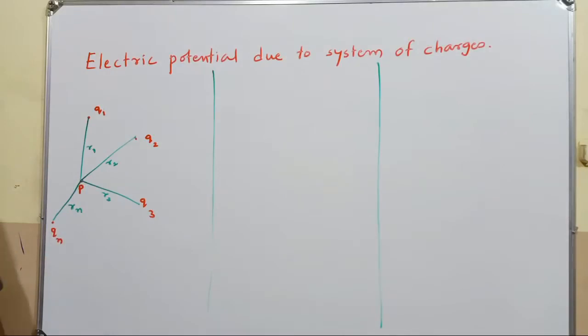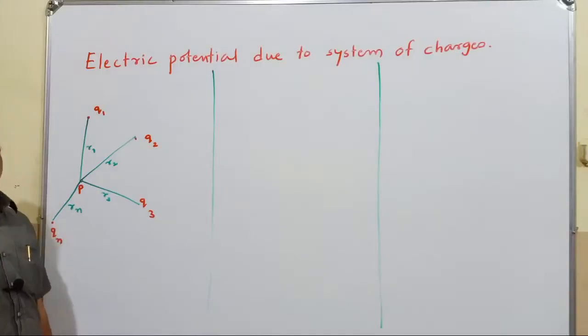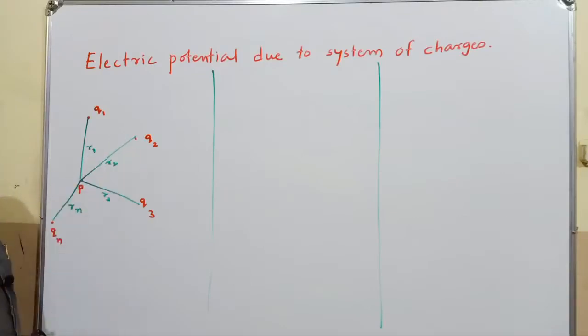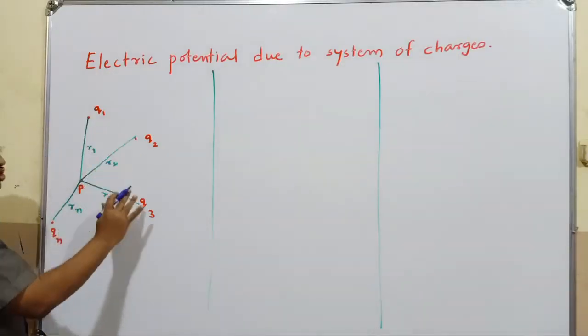That we will find out. I said this electric potential is a scalar quantity. So if you want to find the electric potential at this point, it is just the algebraic sum of all the charges.